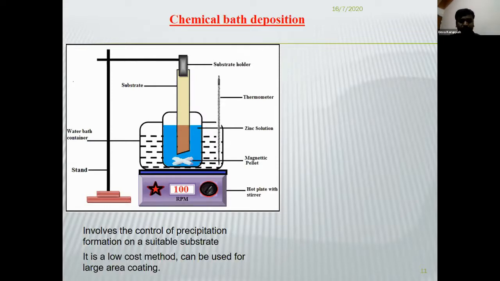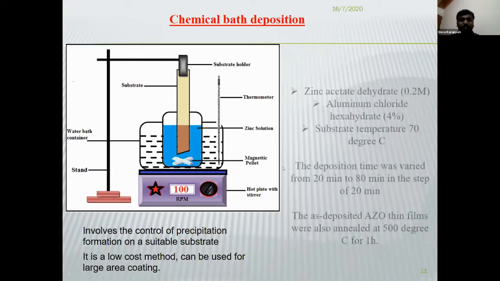This one is a magnetic pellet to agitate the solution. It can be used to induce ions from the solution to form on a substrate.